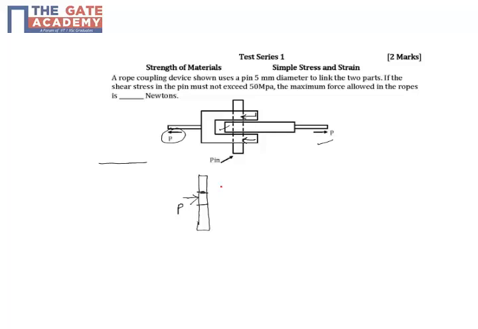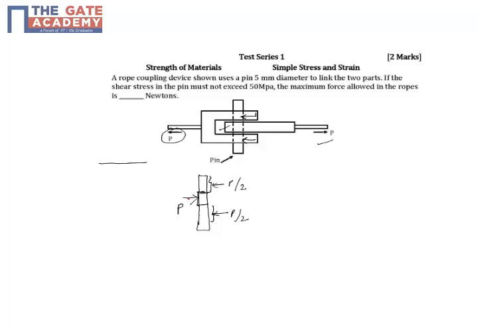Without any loss of generality, it has to be P by 2 and P by 2. So this region supports P by 2, this region supports P by 2, and this entire region supports P.